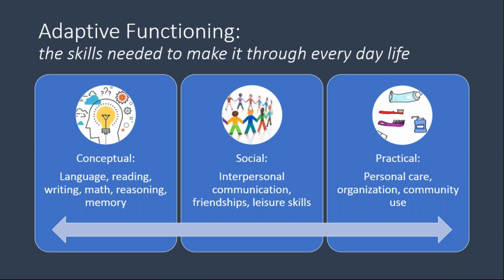For an older individual, do they know how to use an ATM to make a transaction, right? So when we think about adaptive functioning, we're looking across all these different areas to get a better understanding of, does this individual have the skills needed to make it through everyday life? Have they developed any of these independent living skills?